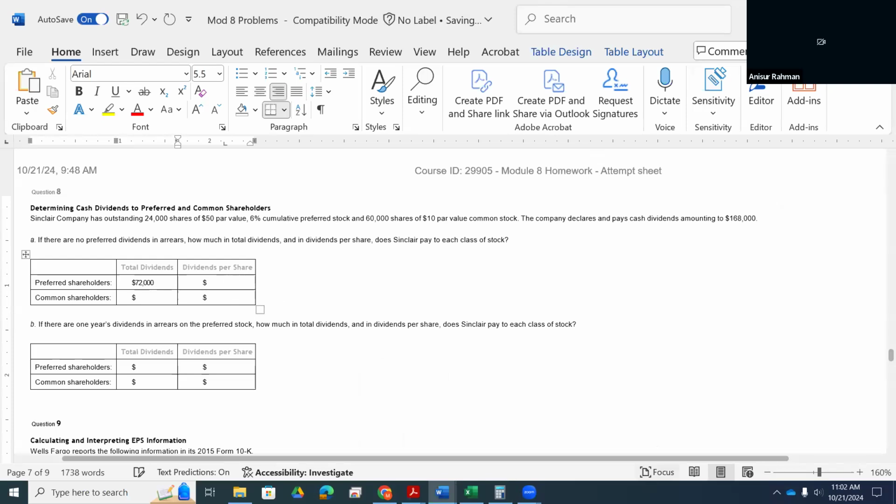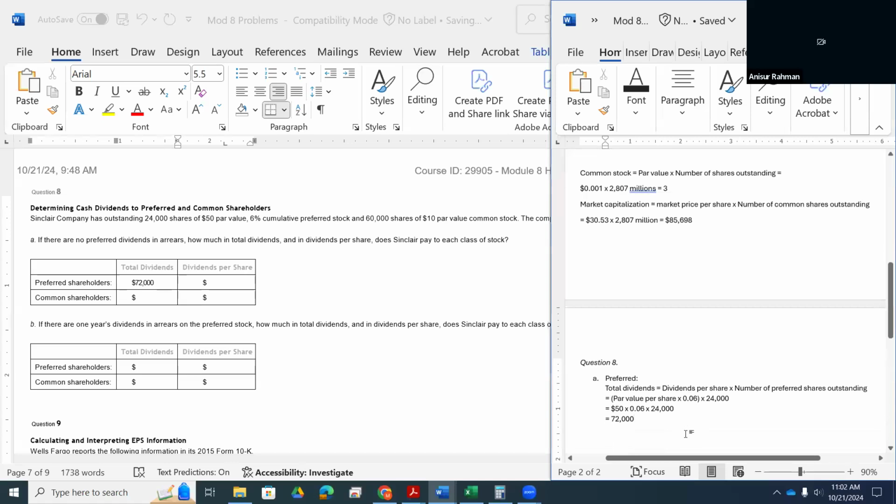Now dividends per share will be total dividends divided by number of preferred shares outstanding. So which will be $72,000 divided by 24,000 shares.